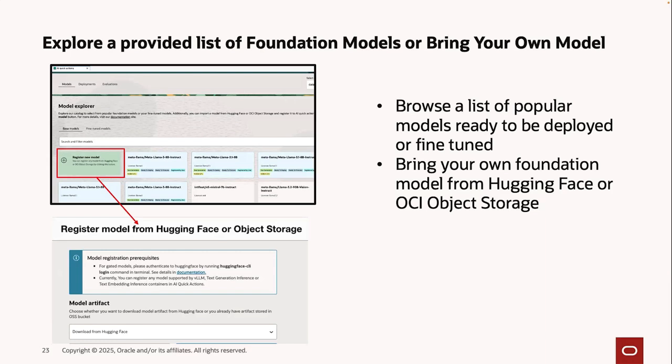If you see a model that you want to use, for example, a model that is trained and really good in Italian, and you find it in Hugging Face, you have the option to register a new model and download it from Hugging Face, and then you can bring it in and leverage our service managed container to deploy and fine tune the model.